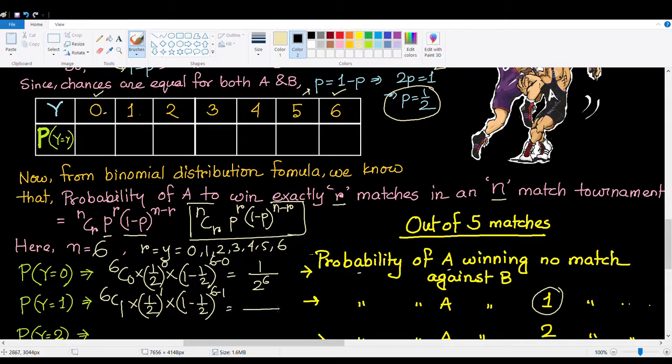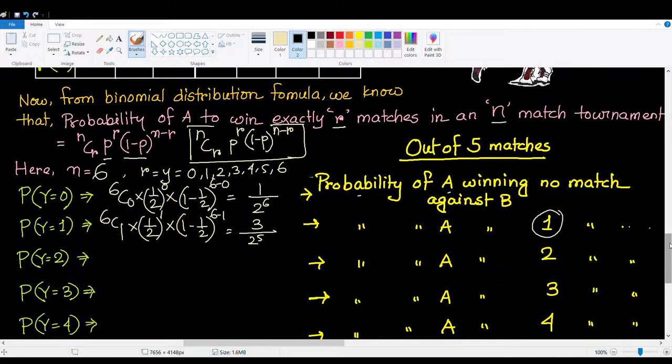Therefore, the answer would be 6 by 2 to the power 6, which would reduce to 3 by 2 to the power 5. Then for the rest, what would be P of Y equals 2? 6C2, any 2 matches from 6 matches, half to the power 2, and then 1 minus half to the power 6 minus 2. So it will become 15 divided by 2 to the power 6.